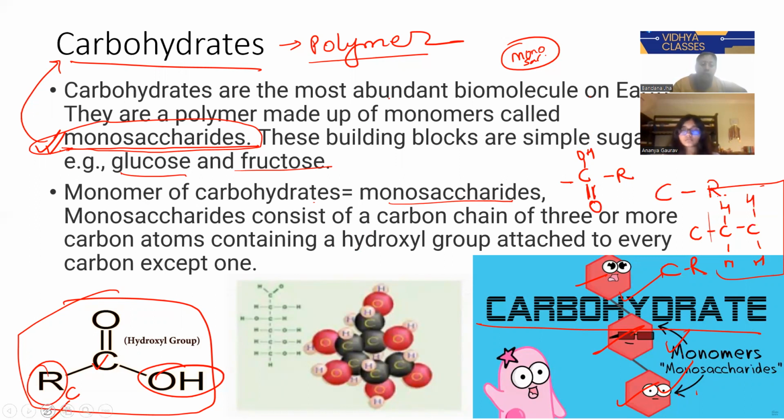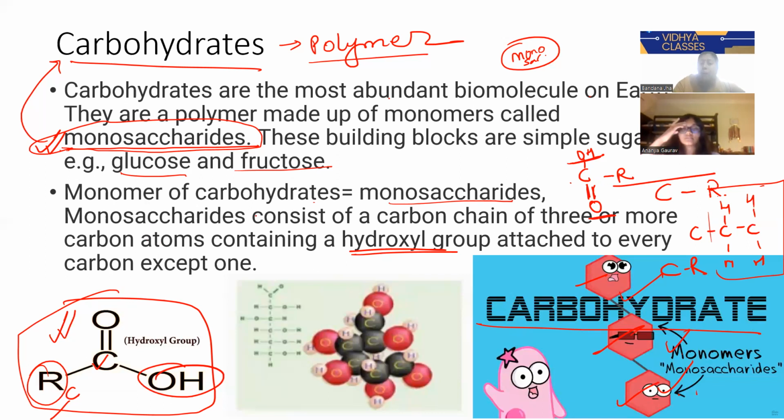So here this bond will be removed, and it will make a bond with oxygen. That is known as the hydroxyl group. This is your hydroxyl group. There is a carbon chain with 1 carbon, another carbon with OH, another carbon with a double bond to oxygen.